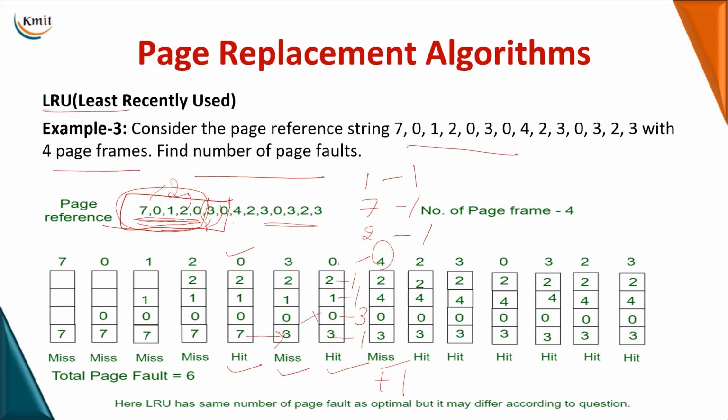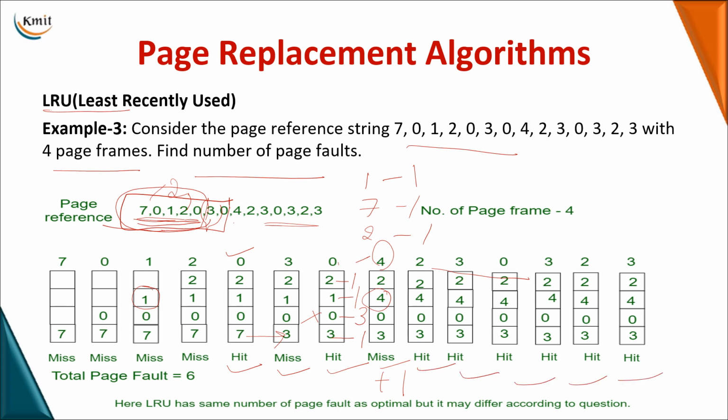So again you need to consider which page entered into the queue at the starting phase. After 7, 0 you will not consider, right? So after 0, what is the page that entered your queue? 1. So I'll replace 1 with 4, and the remaining values are already present in the string as they are.